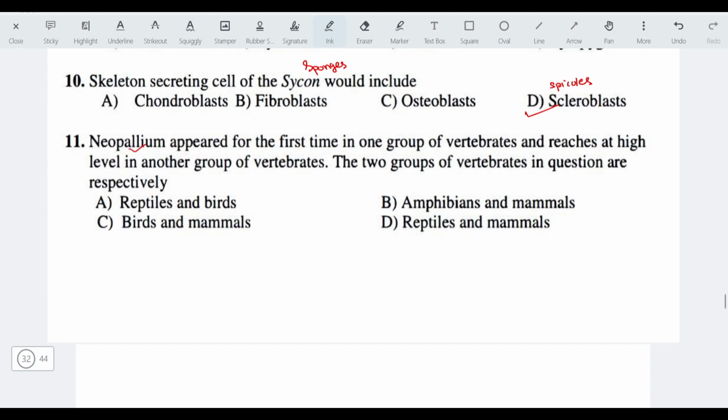Neopallium appeared for the first time in one group of vertebrates and reaches a high level in another group of vertebrates. The two groups of vertebrates in question are respectively, the correct answer is D, reptiles and mammals. So Neopallium first appeared in reptiles and reached an advanced form in mammals, right?